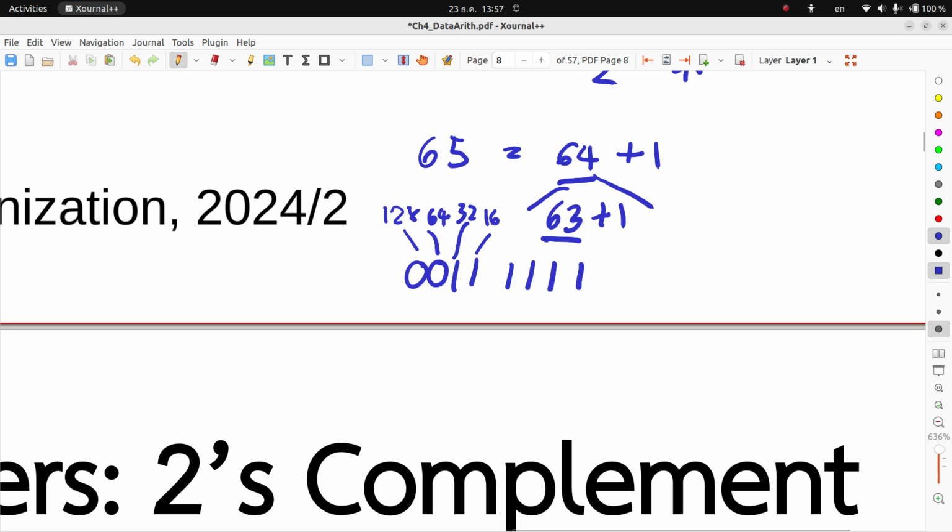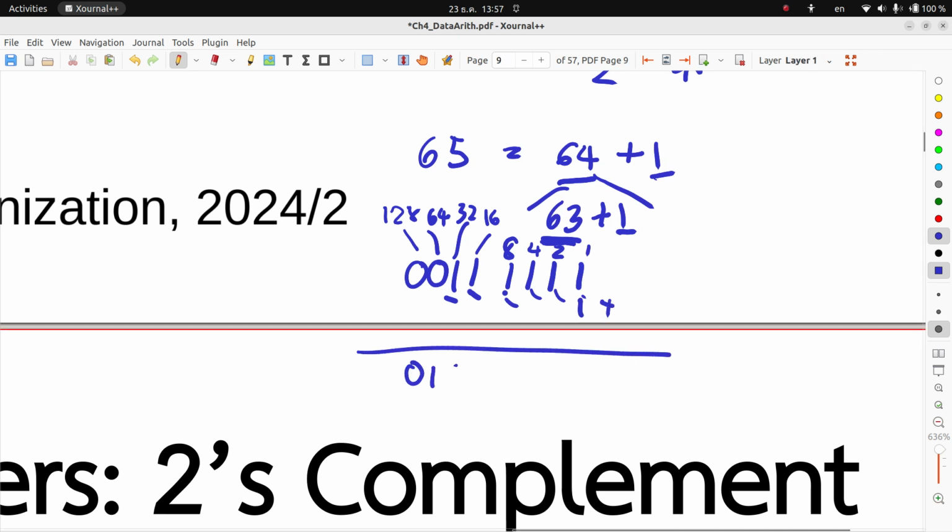This is 16. Right? So 63 is 32 plus 16 plus 8 plus 4 plus 2 plus 1. That's 63. Plus 1 more, you will get 64, so you get 0, 1, 0, 0, 0, 0, 0, 0.